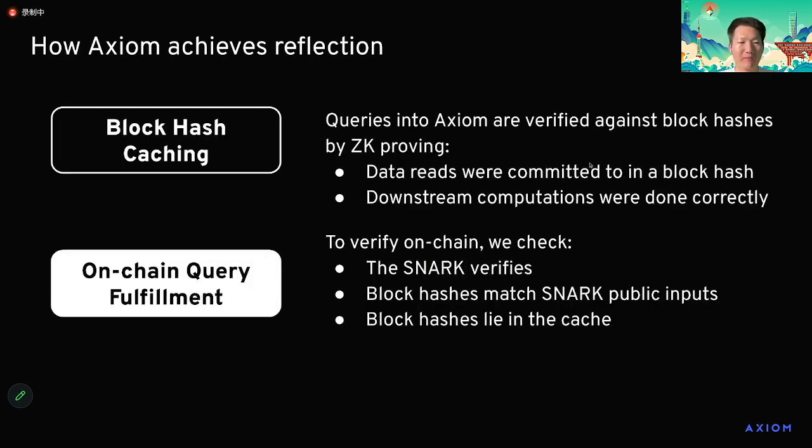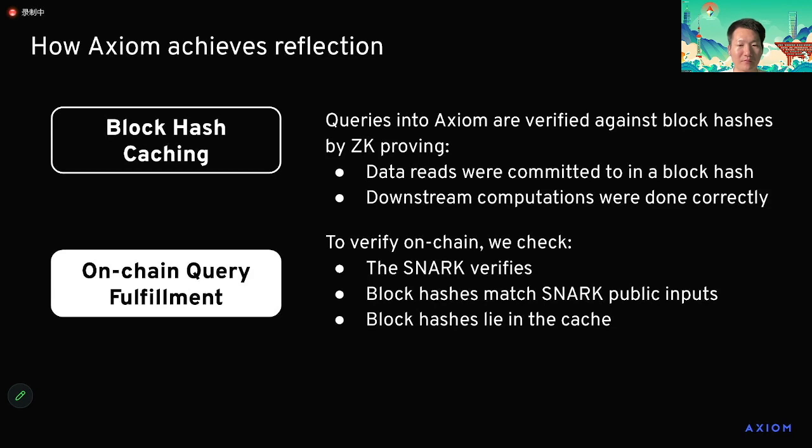Now, once we're done forming this cache, we can query into Axiom by verifying our queries against block hashes in the cache. To do this, we have to prove that every piece of data from the history of Ethereum we're trying to access was actually committed to in a block hash. And second, that all the computations we're doing on top of this query were actually done correctly.